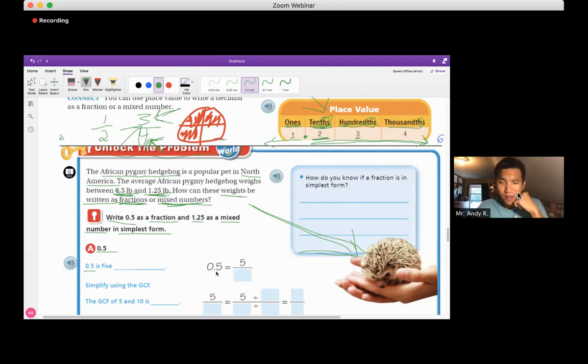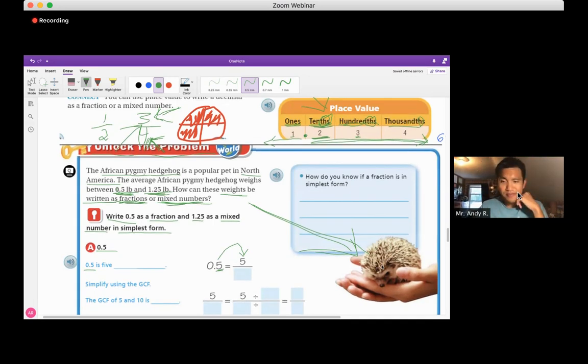Some of you already know what fraction 0.5 is because we just talked about it, but to convert it officially into a fraction, after the decimal point, whatever the number or numbers are, that will automatically be the numerator. And then how do you decide the denominator? The denominator is going to be the place value of that digit.